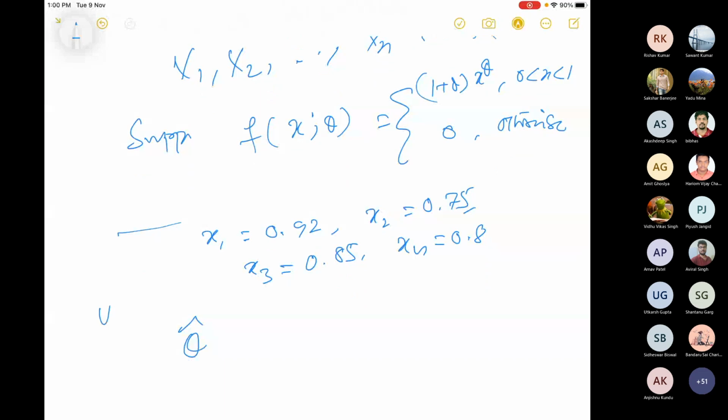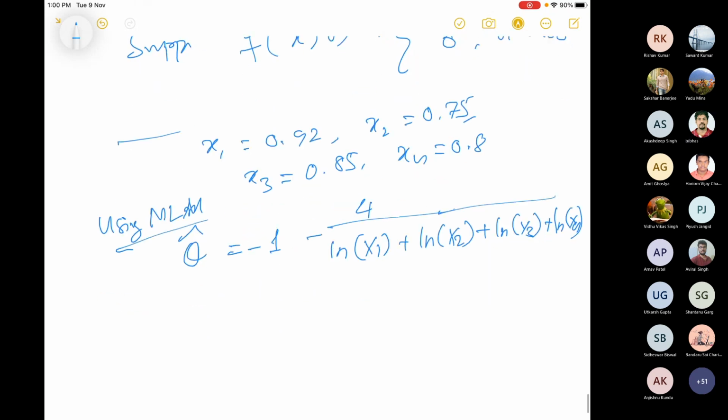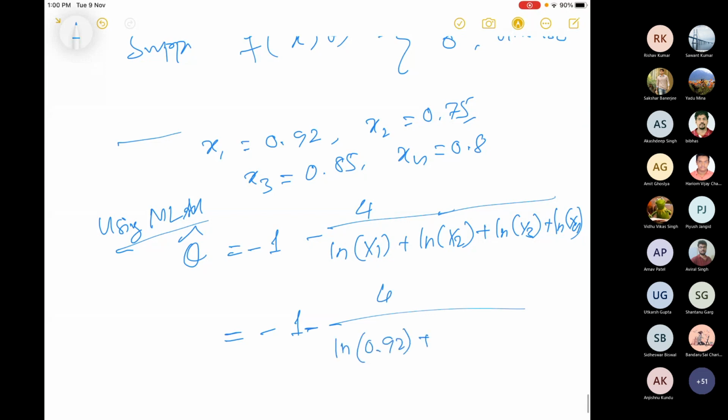Using MLE, the maximum likelihood estimator, I can do the point estimation, and this will be minus 1 minus 4 divided by log of x1 plus log of x2, plus log of x3, plus log of x4. Then I put in all these values: log of 0.92 plus log of 0.75 plus log of x3 plus log of x4.